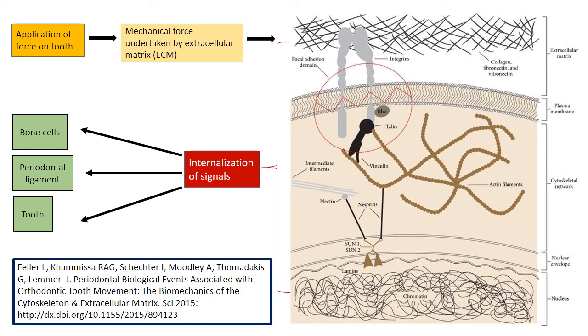One structure which is not given due importance but which has a major role in taking up the brunt of the orthodontic force is the extracellular matrix. You know, cells are not lined on their own. They have their own matrix, a cushion surrounding them.